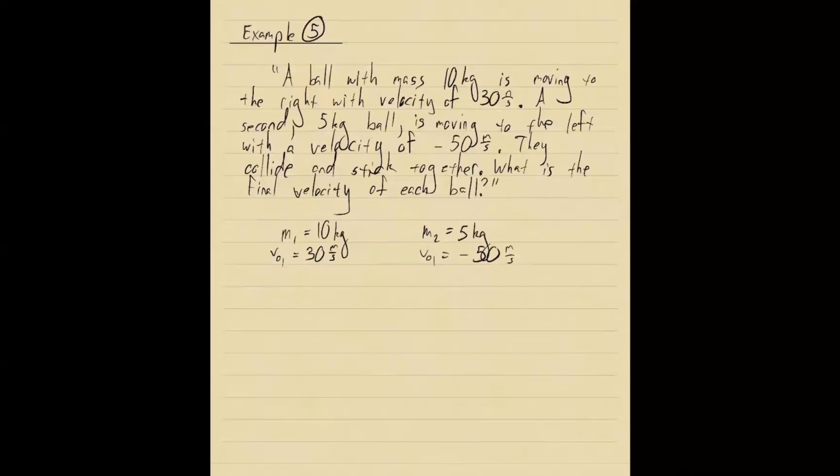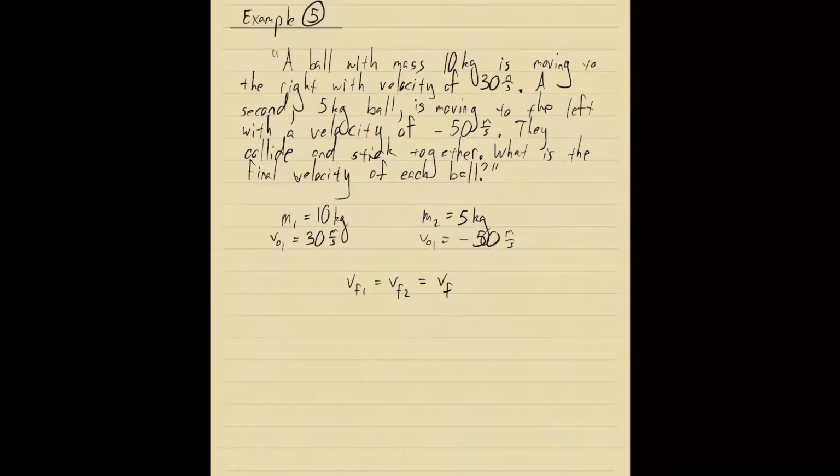Since they stick together, they're both going to have the same final velocity, which I'm just going to call VF. It doesn't matter what I call it. Let's try solving this problem.